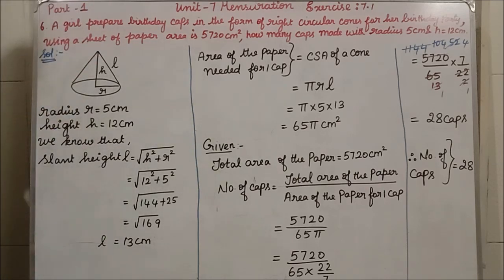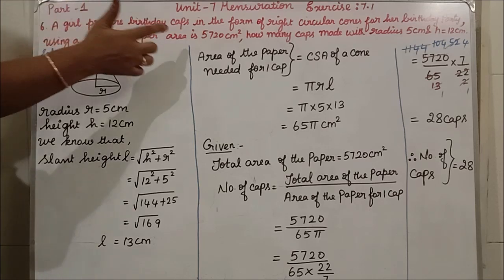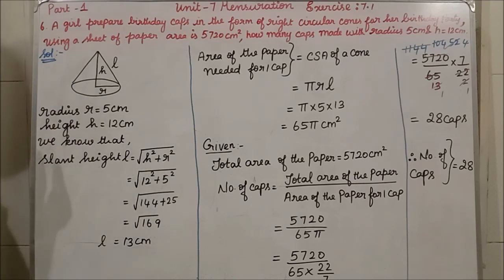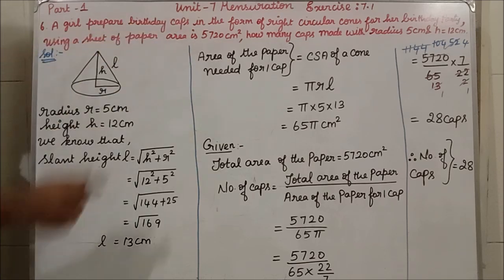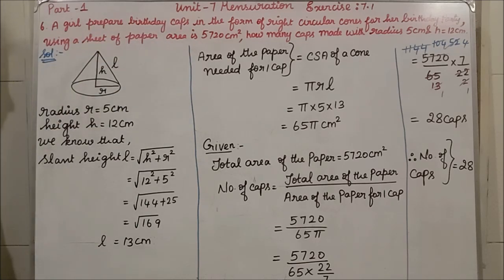Each cap she is going to prepare with radius 5 centimeter and height 12 centimeter. But in the question, what are they asking? How many caps she is going to prepare with this area? Clear all of you the question?